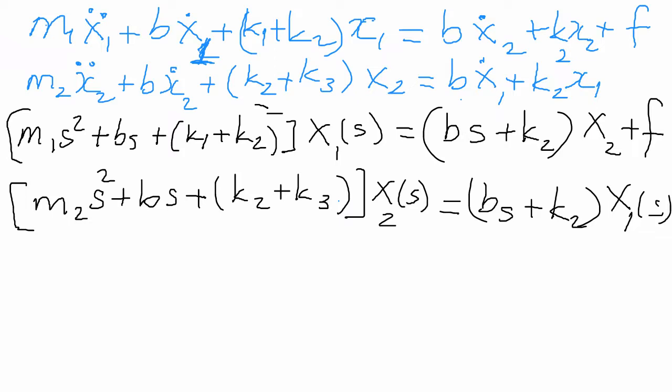So what are you going to do now? You are going to take X1 from here, then you put it here and you solve it. Then you are going to obtain the transfer function, which is equal to, I repeat, we have two equations.